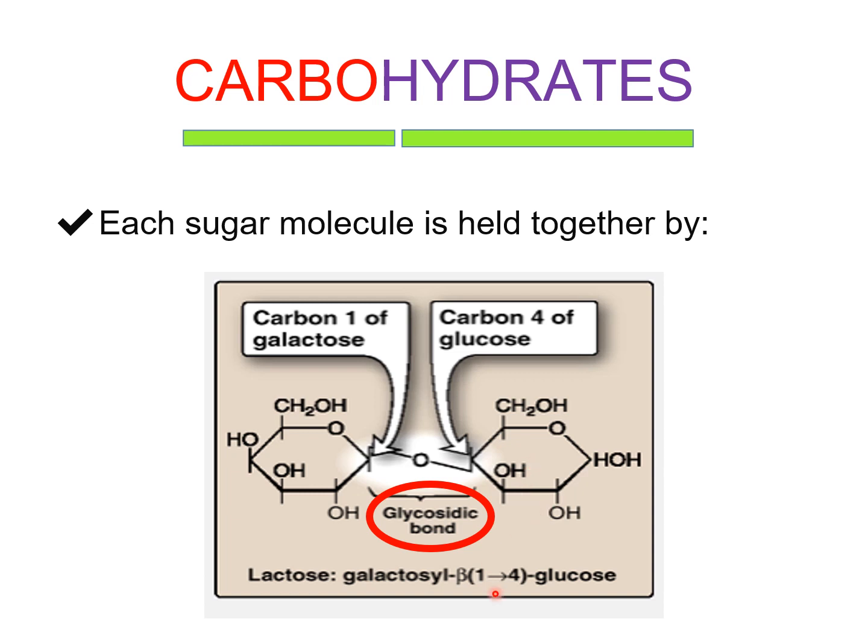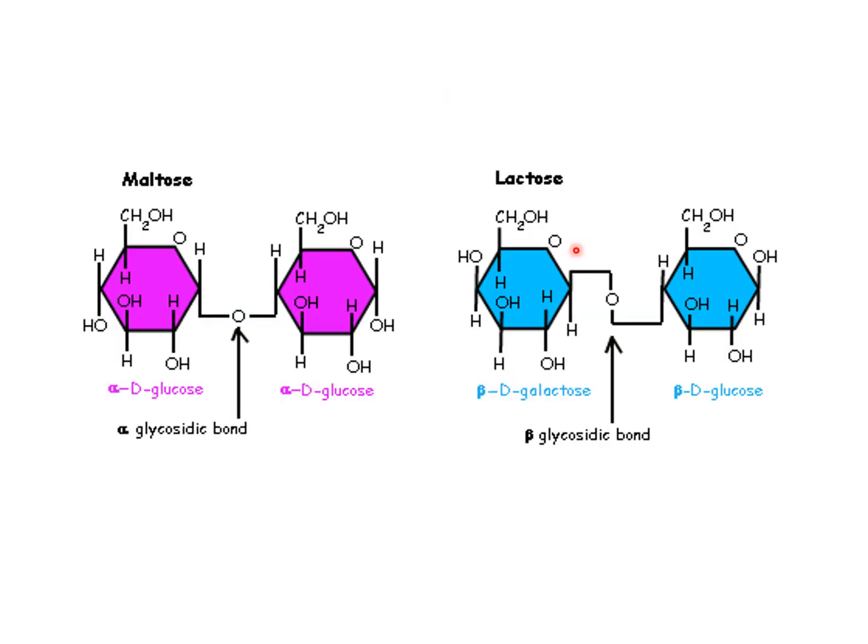Now, it is said to be 1,4 because of the connection or the reaction between the carbon number 4 of glucose and carbon number 1 of galactose. So to better explain this glycosidic bond that holds together this sugar molecule, let's have another slide.